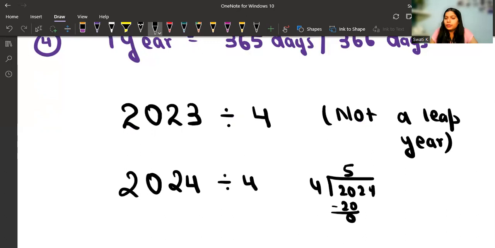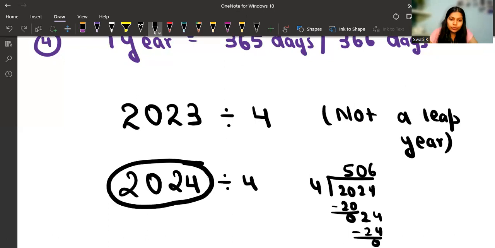You need to bring down the next number, which is 24. And 4 times 6 is 24. So the remainder is 0. Because it is completely divisible, that says that 2024 is a leap year. So that means our next leap year is in the next year only, 2024. Also remember one thing, that the leap year comes always after 4 years.